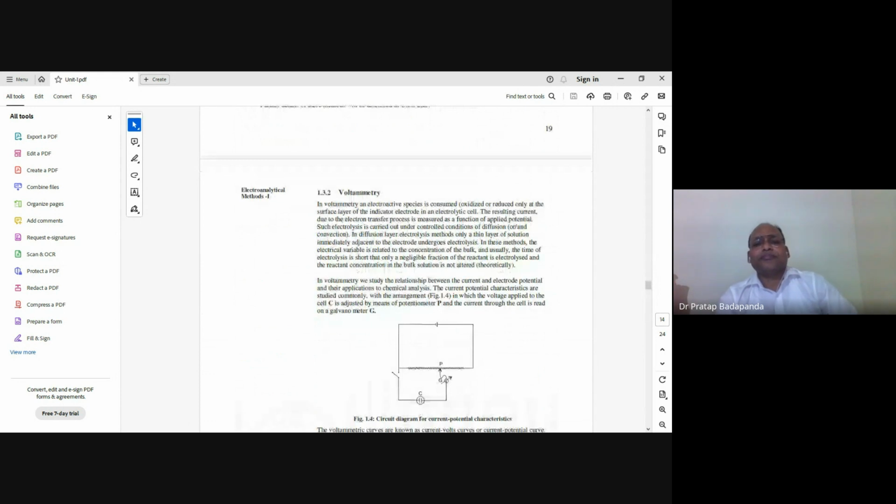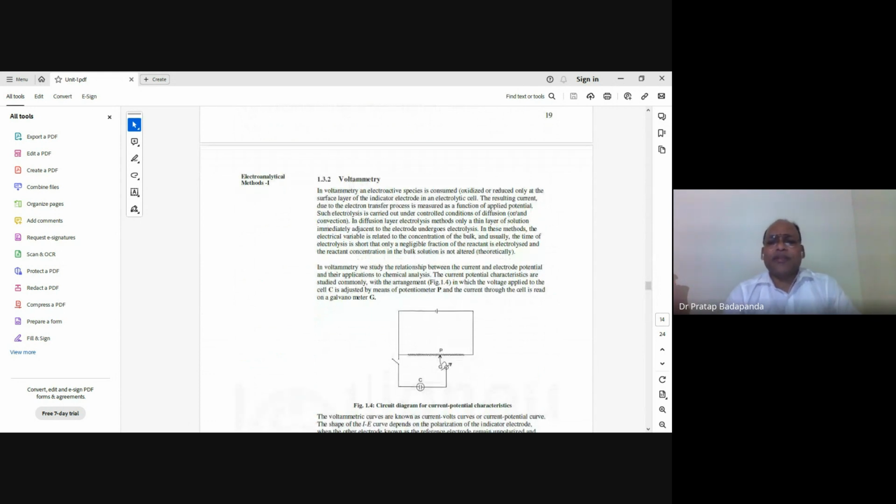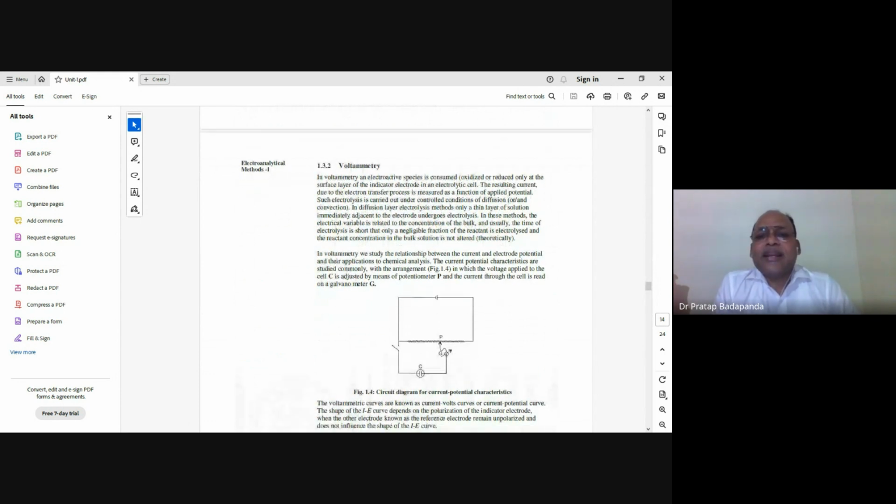Then another thing is voltammetry. In voltammetry, an electroactive species is consumed, oxidized, or reduced only at the surface layer of the indicator electrode in an electrolytic cell. The resulting current due to the electron transfer process is measured.